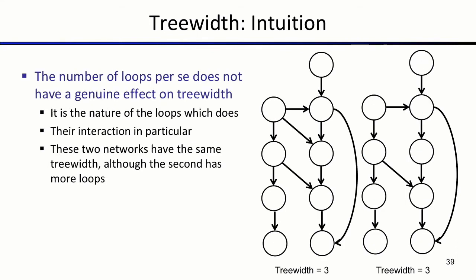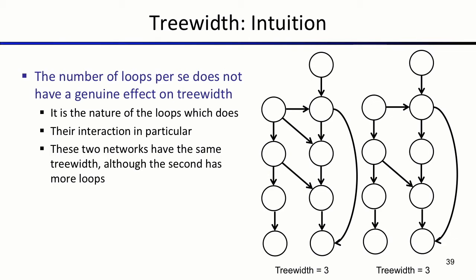And again, our life would be much easier if we just had to count the number of parents per node and the number of loops in a network and do some form of computation and get the tree width, but it's not that simple, unfortunately. So another observation is that the number of loops per se does not have a genuine effect on tree width. We can have one example here. We have 2 networks.